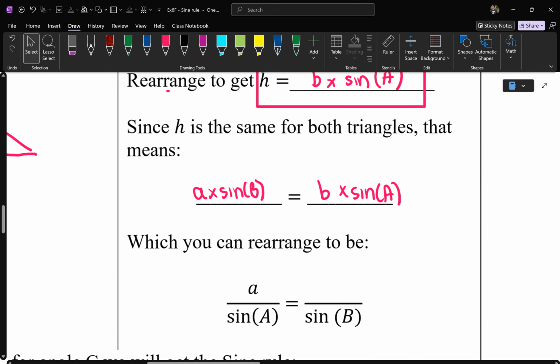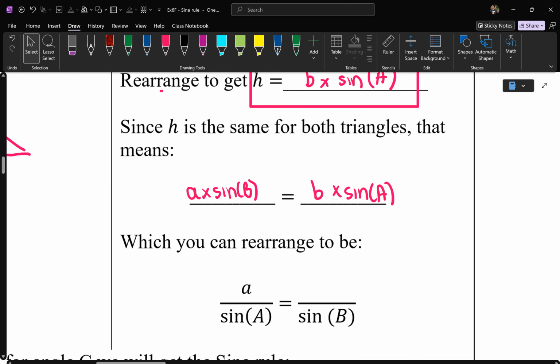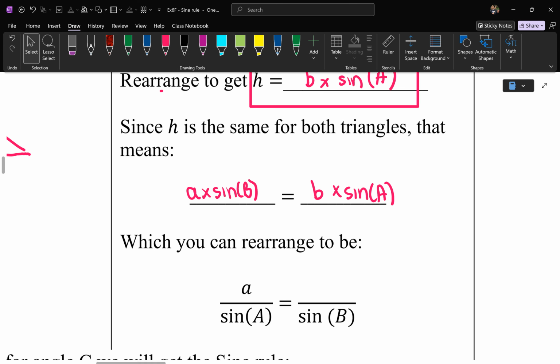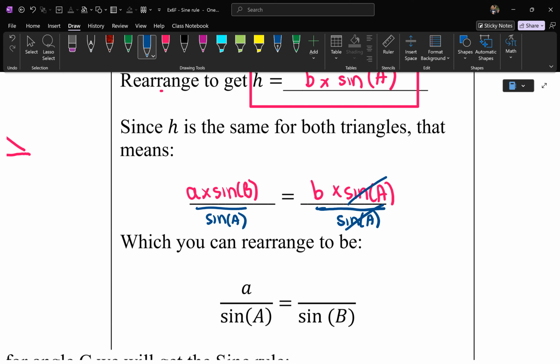So from here, that technically is the rule, but to help you memorize things they reorganized it so it's easier. All they did was collect all the A's on one side and all the B's on the other side. If I divide both sides by sine A, these two cancel out.